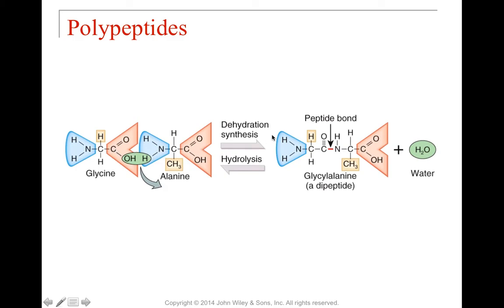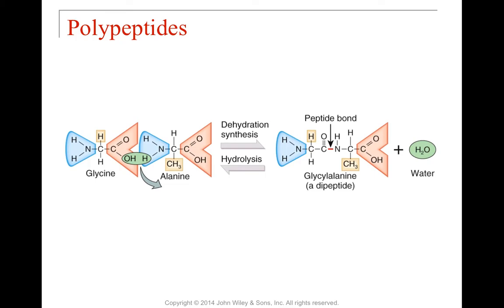And that happens again through dehydration synthesis because we have the release of water. The opposite of that would be the catabolic reaction, where we take this dipeptide, right? A polypeptide, we could have dipeptide, tripeptide, etc. If we break it down from a dipeptide into two amino acids again, that is hydrolysis. So anytime that we are catabolizing something, it happens through hydrolysis. If we're building things up, it happens by dehydration synthesis.